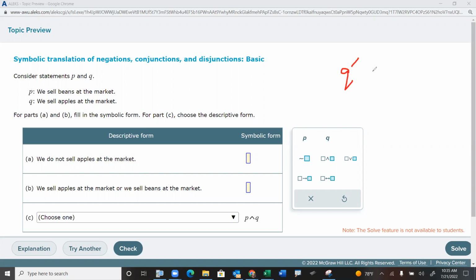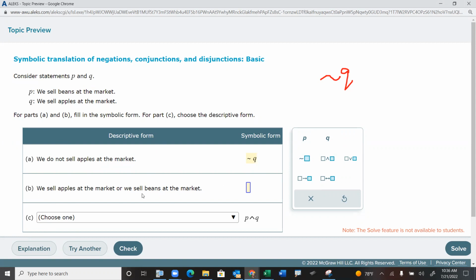Well, in a Venn diagram, you use that. But in this situation, we're just going to put a little tilde in front of it. The tilde goes out in front of whatever it's negating. So I'll read that as "not Q," or we do not sell apples in the market.